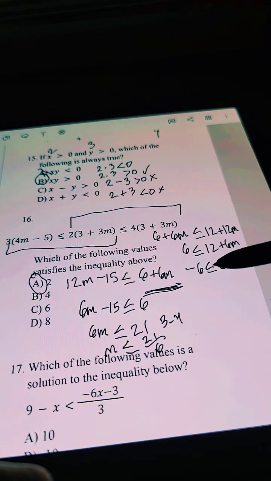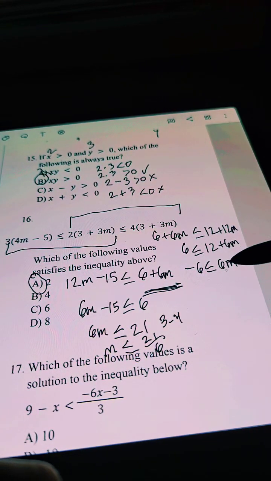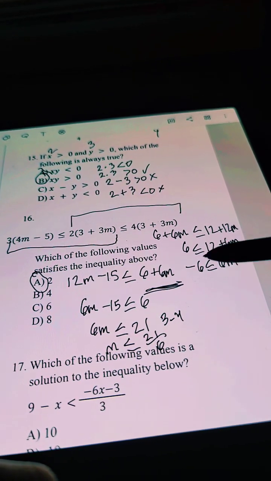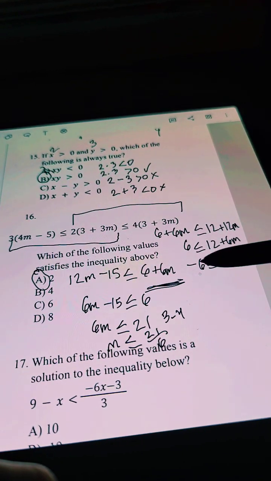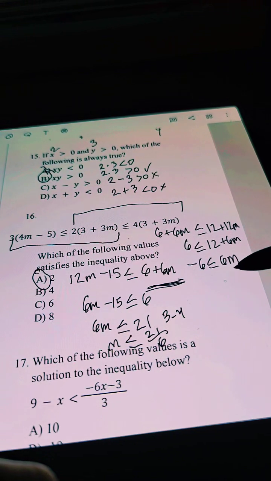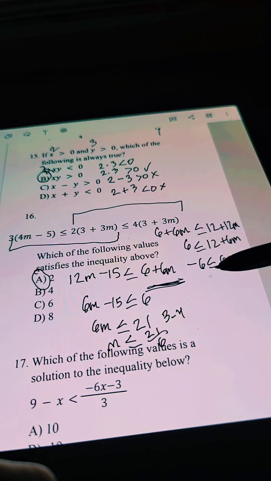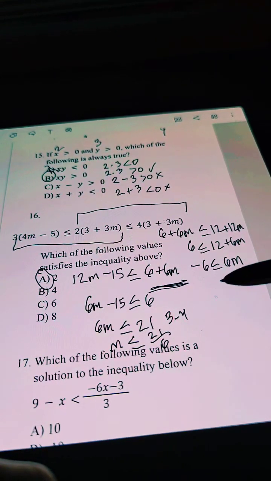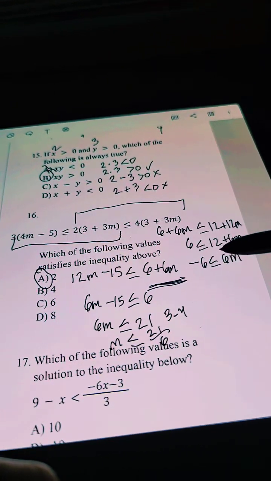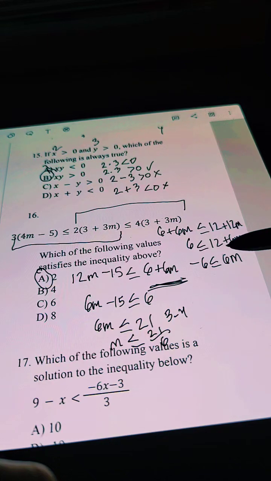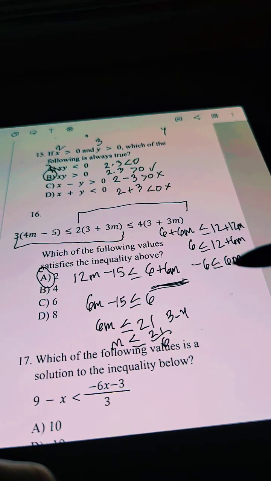And this is important because this is a common mistake people make when I teach them. What a lot of you guys do is you think that just because a negative is involved, you always need to flip the sign. That's not it. It's when you divide or multiply by a negative. And it became -6 because I subtracted 12 from each side. So 6 minus 12 is -6.